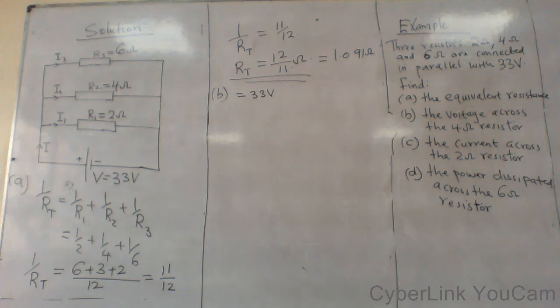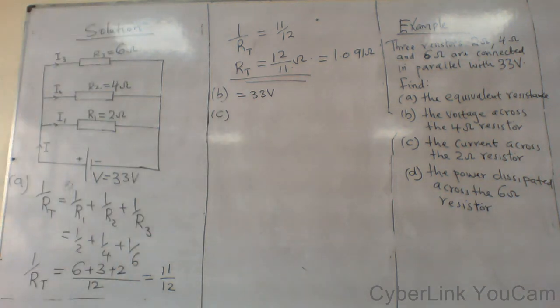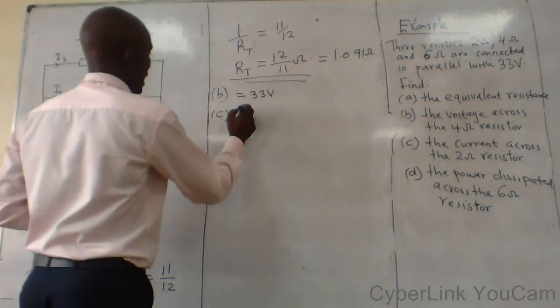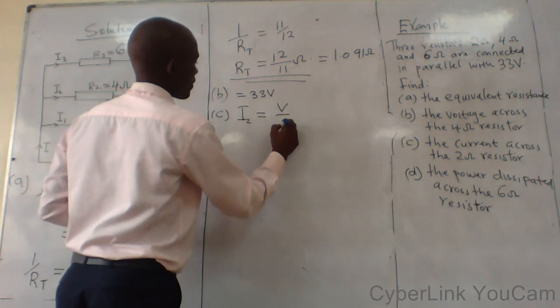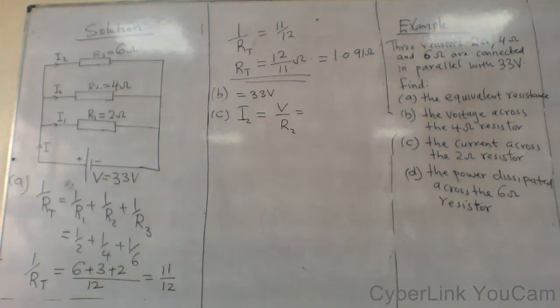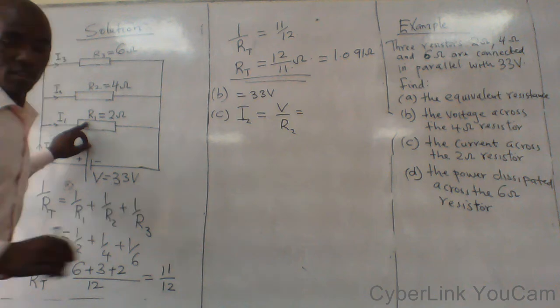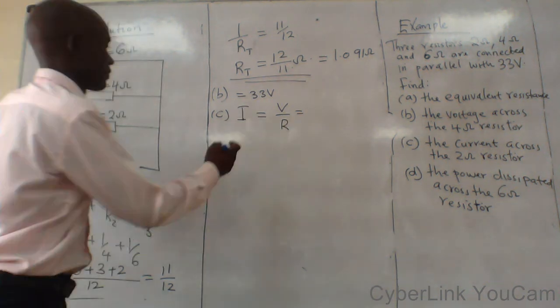We move to number C: the current across the 2 ohm resistor. Remember, we have said I2 from Ohm's law is given by V over R2. The 2 ohm resistor is R1, which is I1.